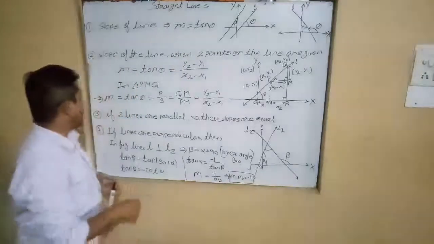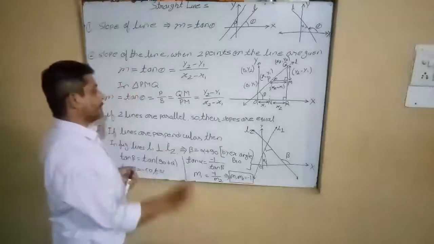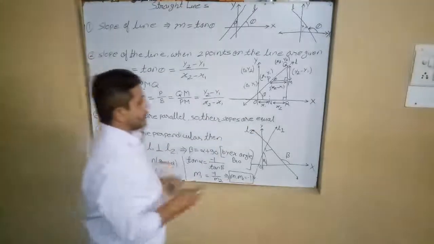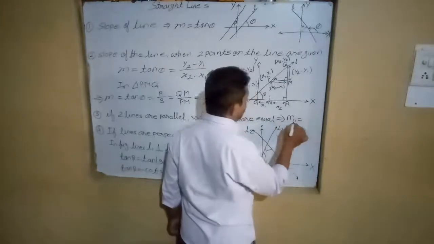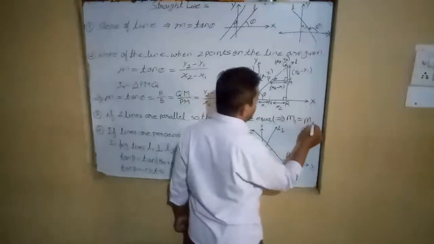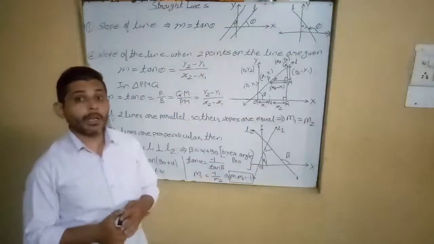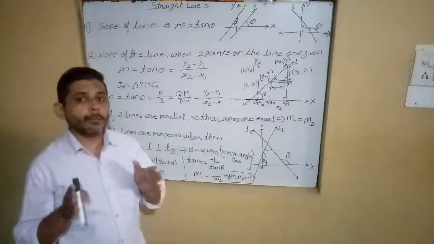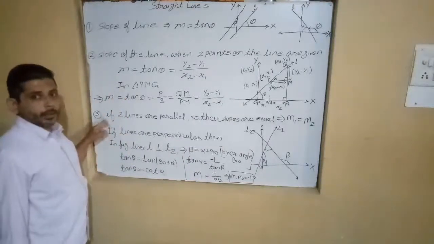So we can say that if two lines are parallel, their slopes are equal. Suppose the slope of the first line is m1 and the slope of the second line is m2. So m1 is equal to m2 if the lines are parallel. This is a very important property.